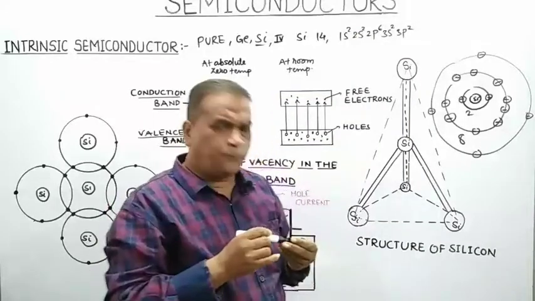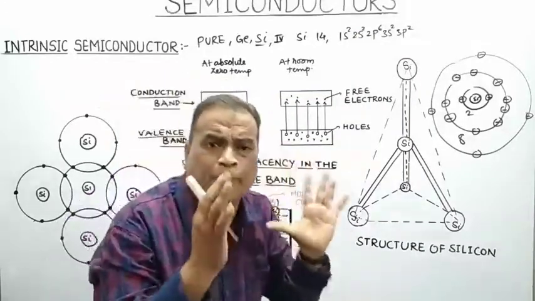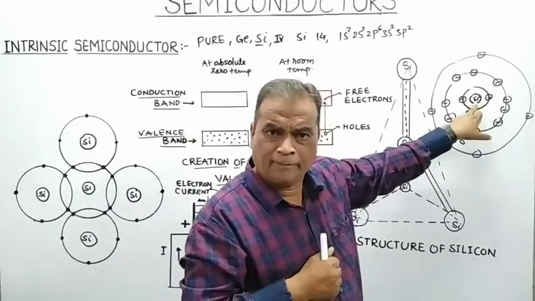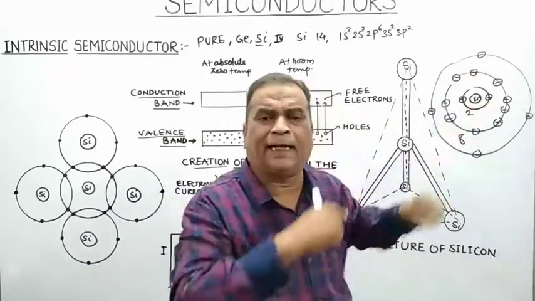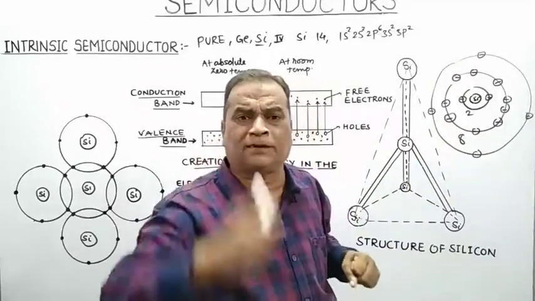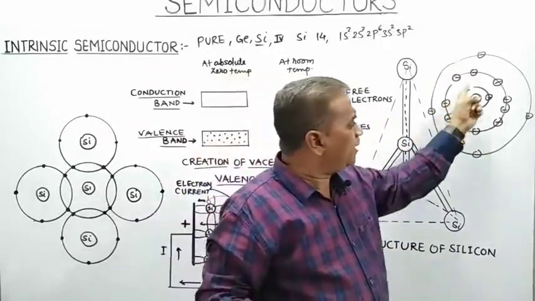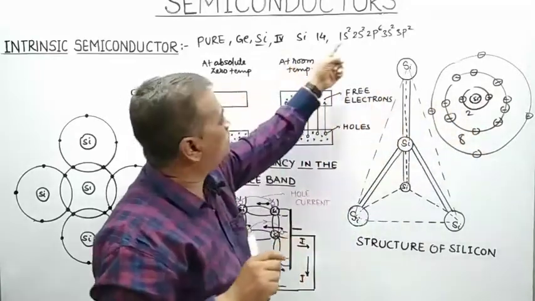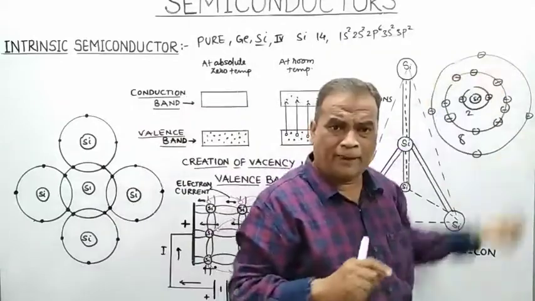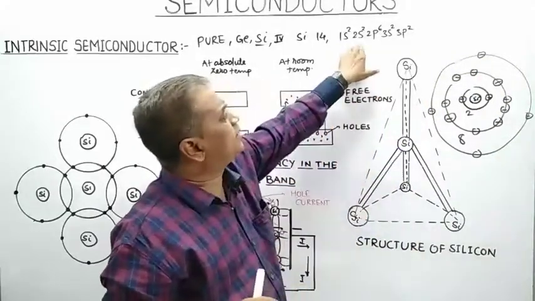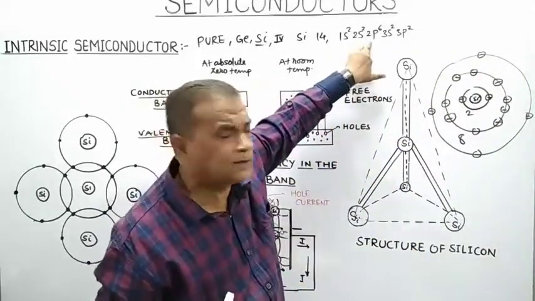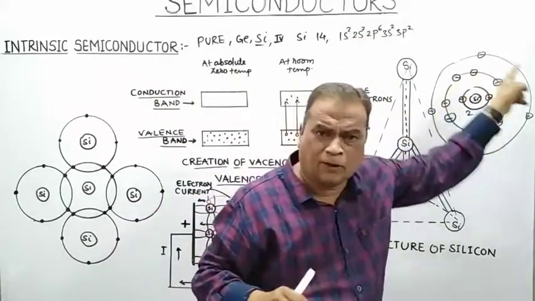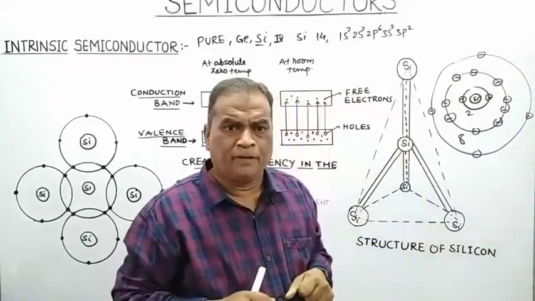If I look at the structure of the silicon atom, here we have the nucleus of silicon. Surrounding the nucleus, electrons are revolving in different circular orbits. In the innermost orbit, there are 2 electrons, 1s2. In the second orbit, there are electrons corresponding to 2s2 and 2p6, so in all 8 electrons are revolving in the second orbit.